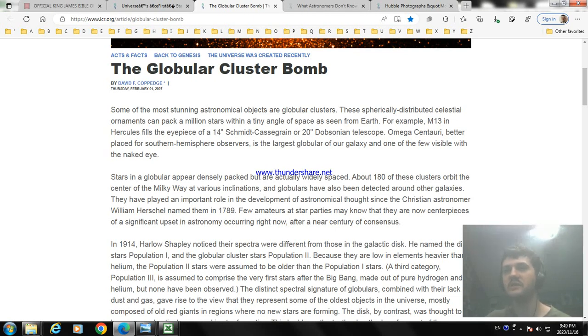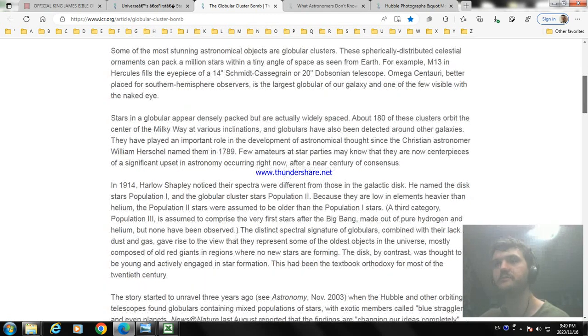They have played an important role in the development of astronomy since the astronomer William Herschel named them in 1789. Many amateur astronomers at star parties may know that globular clusters are among the observatory's targets, and they have been studied for nearly a century.